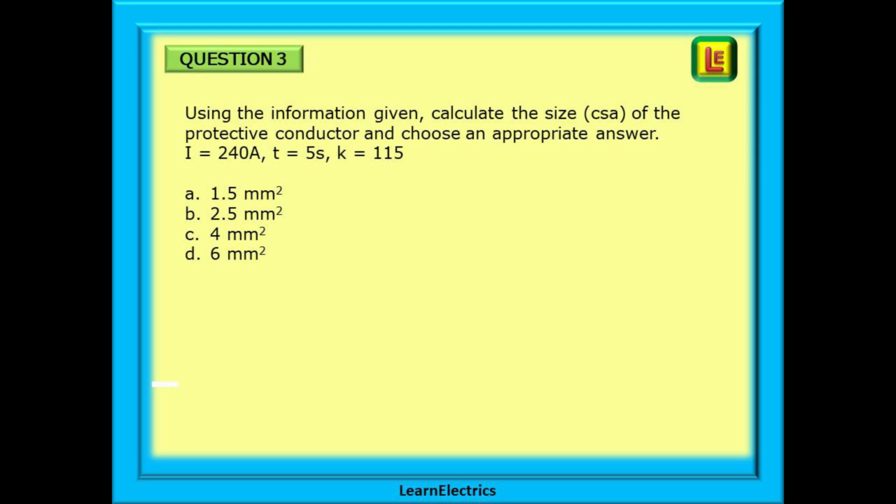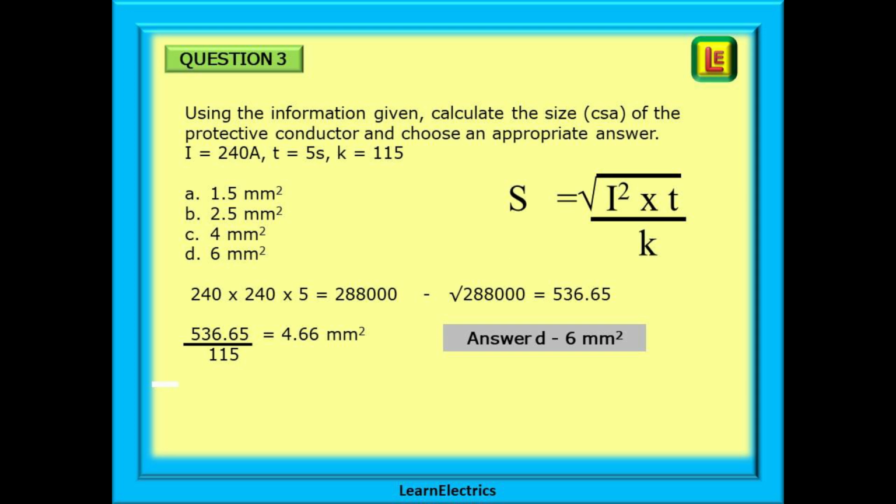And question 3 next. Using the information given, calculate the size of the protective conductor and choose an appropriate answer when I is 240 amps, T is 5 seconds and K is 115. Again, pause the video and do the calculation.